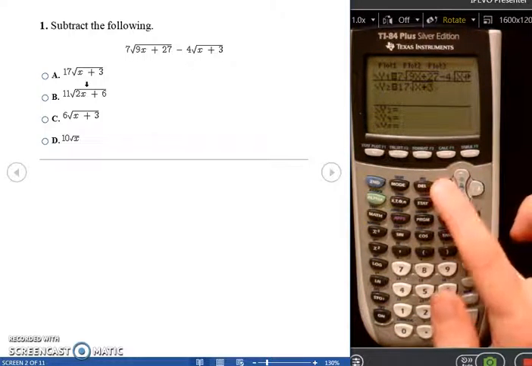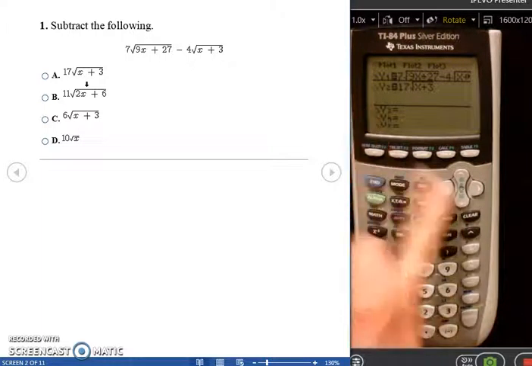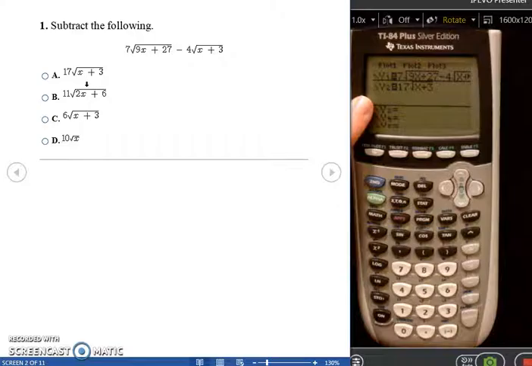Then I'm going to go back to right before the Y2 using my arrows, and you see how that line is flashing? I'm going to press enter and change it to a thicker line so that when I'm graphing it, I can see if the graphs are completely overlapped or if they are different graphs, because I need them to be the same graphs to find my answer.